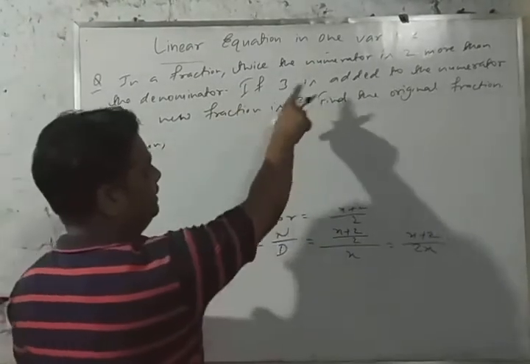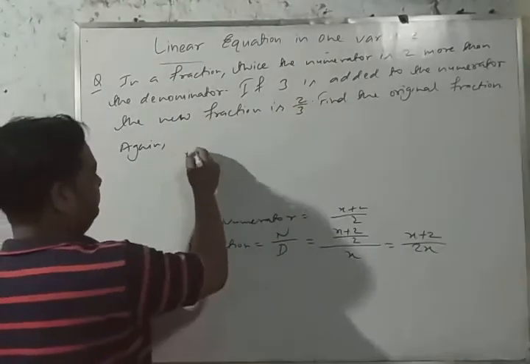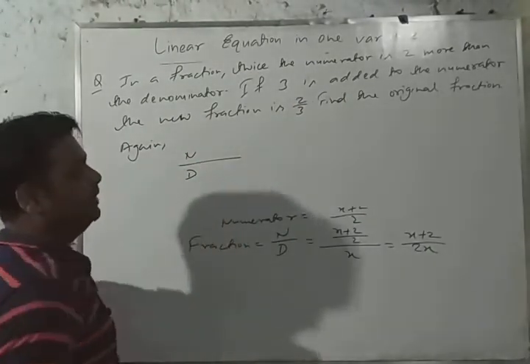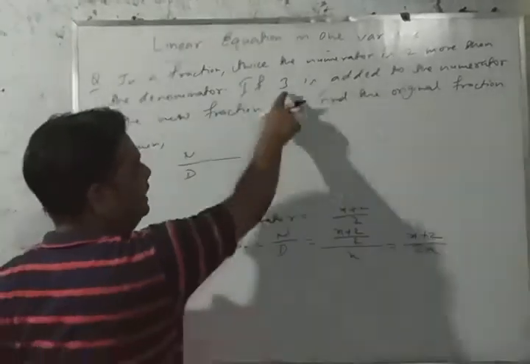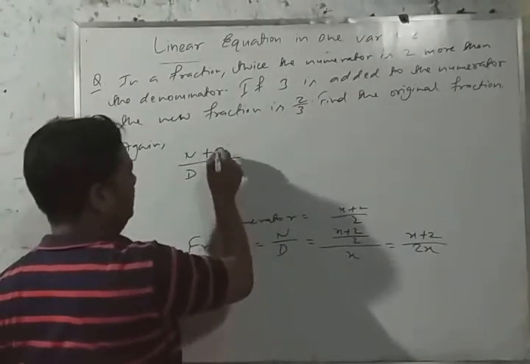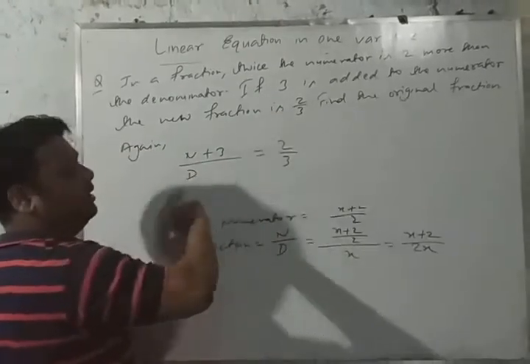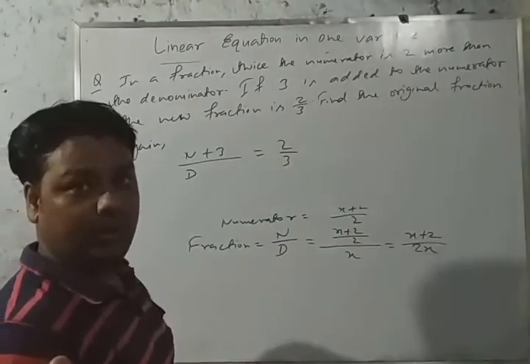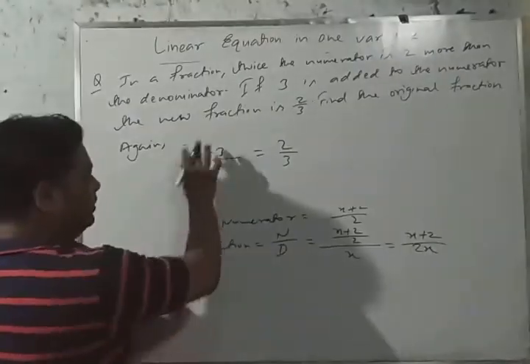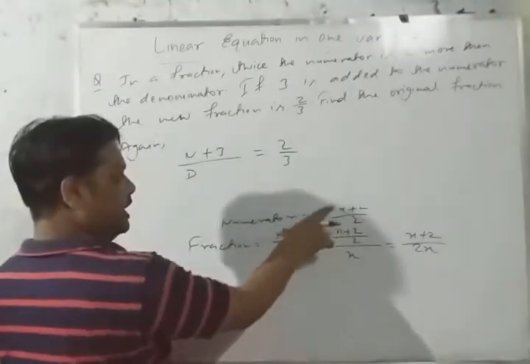What is the question? If 3 is added to the numerator, the new fraction is 2 by 3. That is, 3 is added only to the numerator, not to the denominator. Now put the value. What is the numerator? x plus 2 by 2.